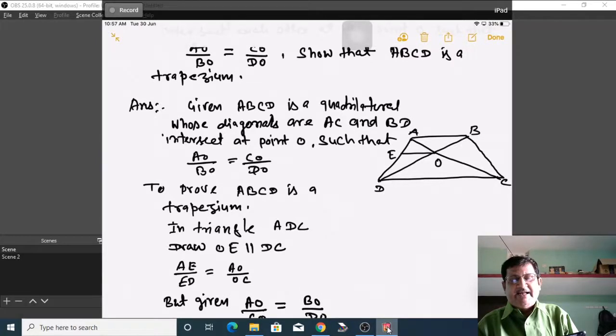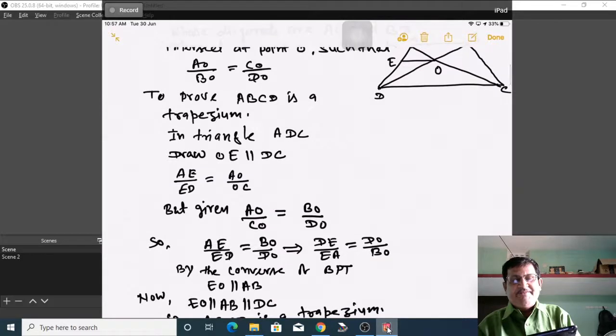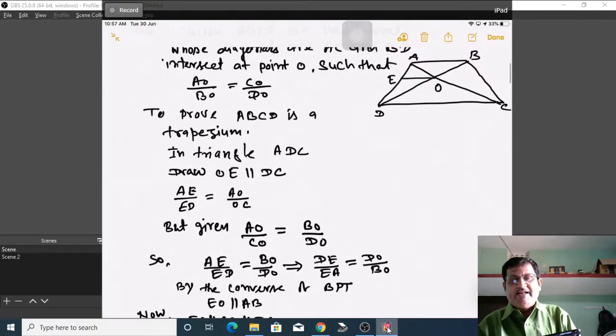In triangle ADC, find out where triangle ADC is. Draw OE parallel to DC. Then by BPT, you know that AE by ED is equal to AO by OC. But given AO by CO is equal to BO by DO.